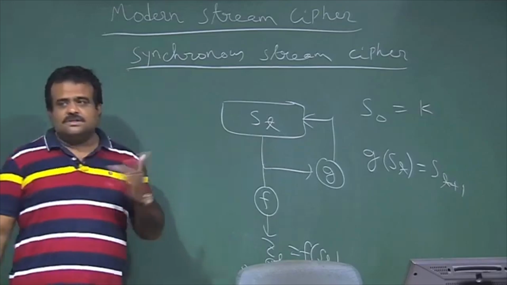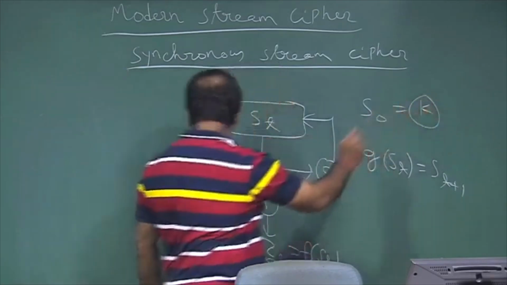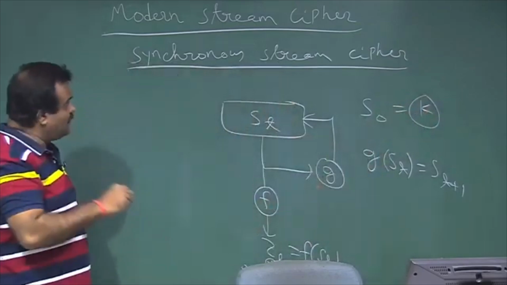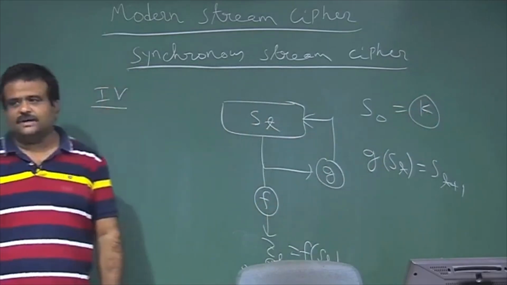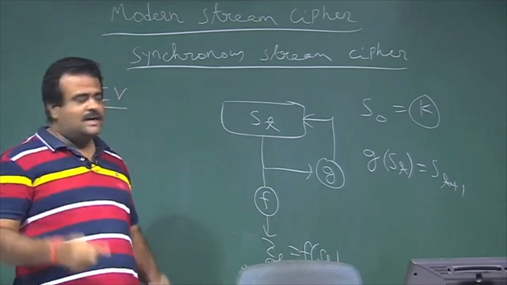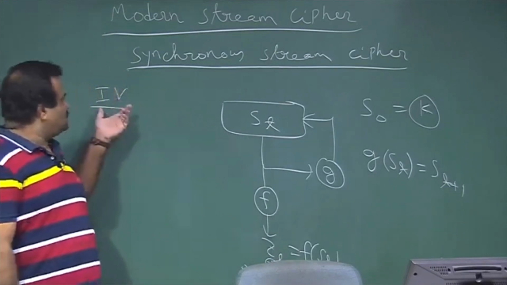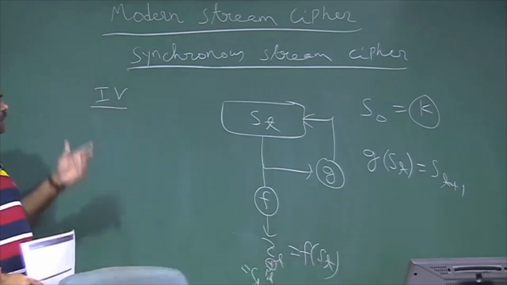So in the modern stream cipher, apart from the secret key shared between Alice and Bob, we have the IV, the initialization vector, which is also shared between Alice and Bob. This IV is used in the initialization method of the stream cipher.